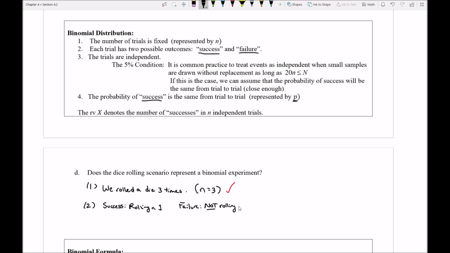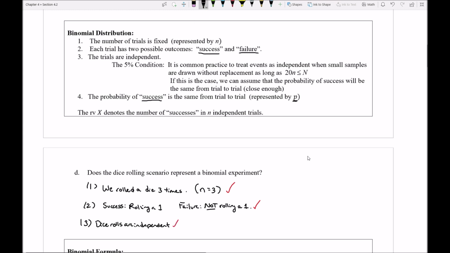So rolling a 2 or a 3 or a 4 would have been considered a failure. So I've definitely satisfied here property number 2. Number 3 we already talked about. The trials were independent. So I'll say here that dice rolls are independent. So that one's super easy to check off as well.